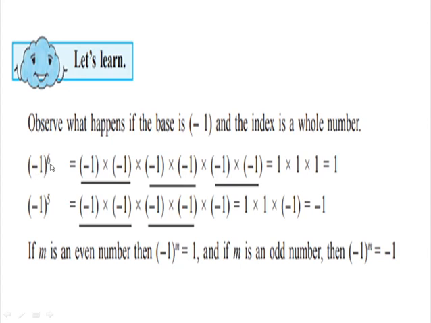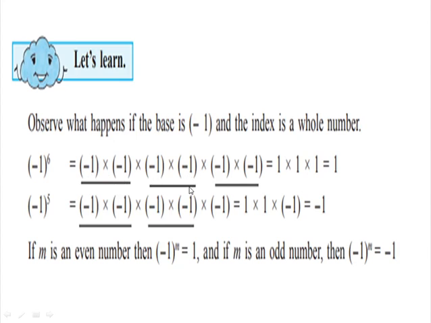Negative 1 raised to 6, that is even number. We will multiply negative 1 6 times. Here after multiplying it 6 times, we will make the group of 2. Why we are making the group of 2 children? Because we know negative 1 multiplied 2 times is positive 1. So here answer of this group is positive 1.